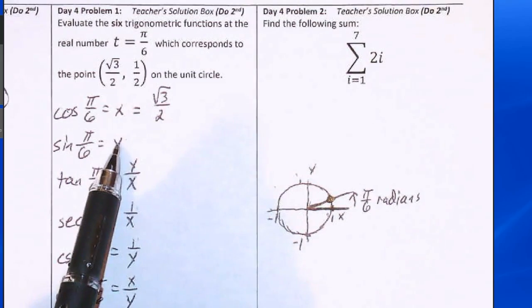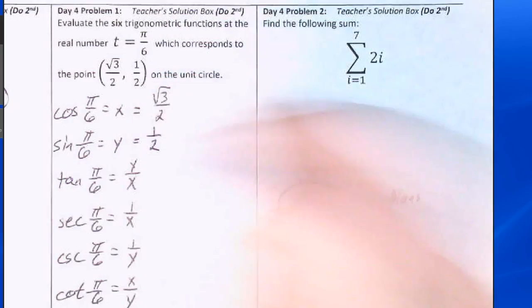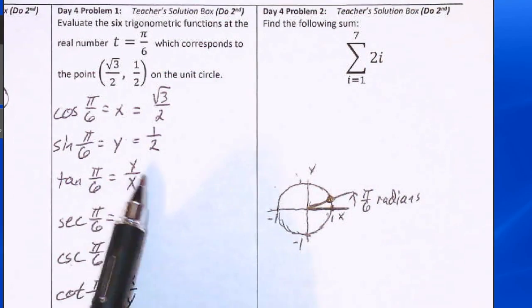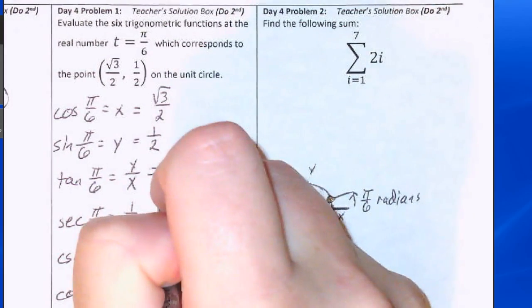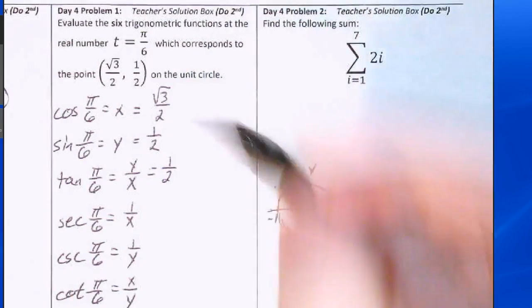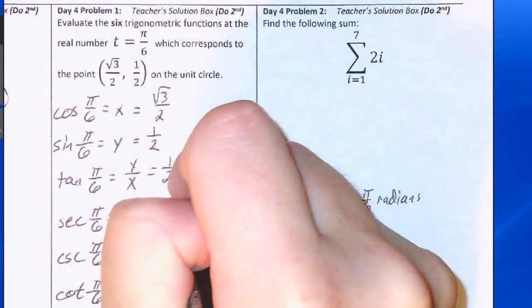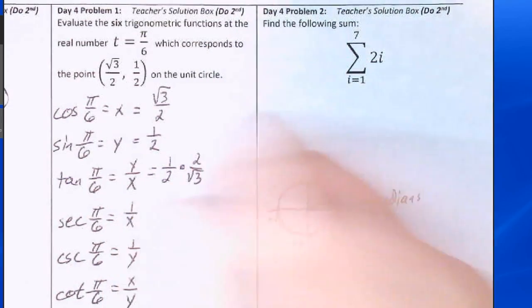We use the y coordinate, which is 1/2. To get the tangent value of pi over 6 radians, we're going to take y divided by x. Y is 1/2, and we want to divide by the square root of 3 over 2. That's equivalent to multiplying by 2 over the square root of 3.